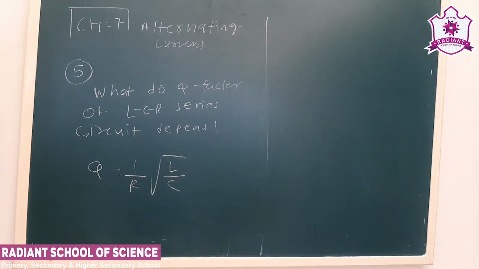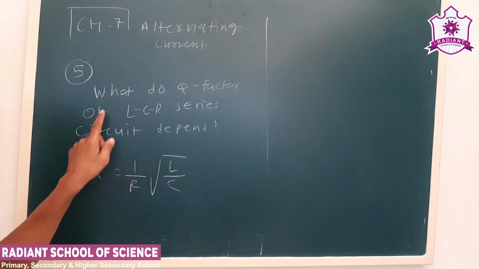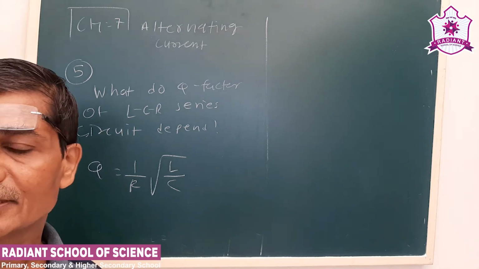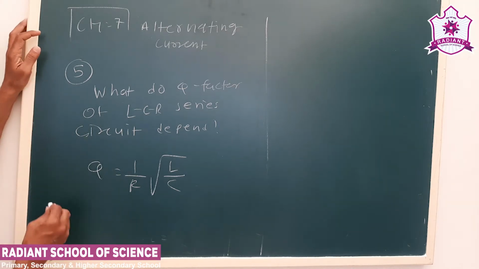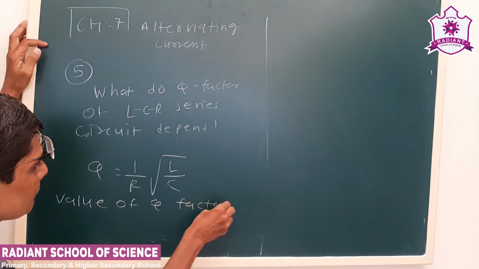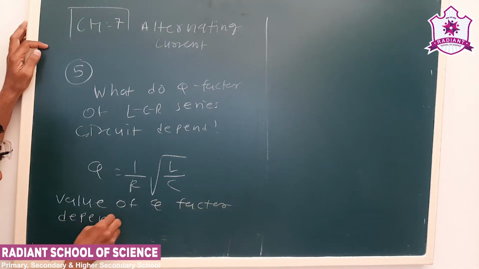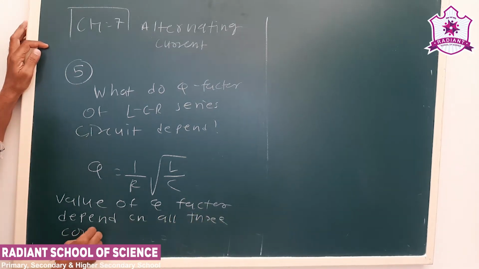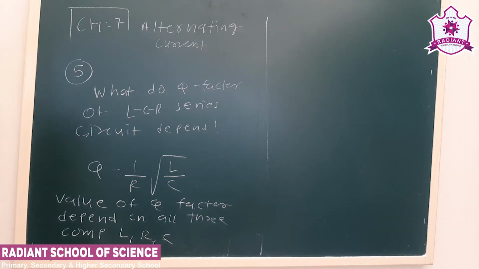That is 1 upon R into root of L upon C. So the value of the Q factor, we can see, depends on all three components of the LCR series circuit: R, L and C. So if any of the components changes, the Q factor will change. Okay, so this is about the Q factor.